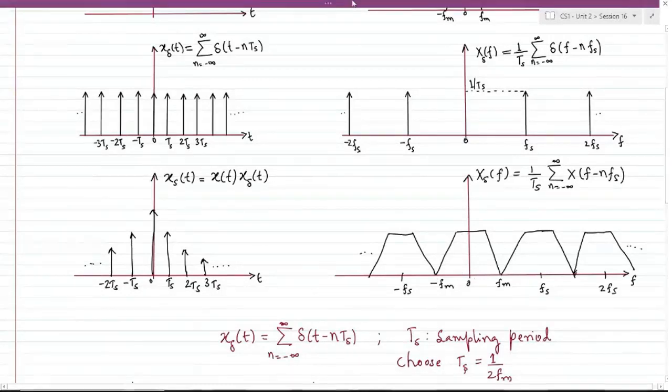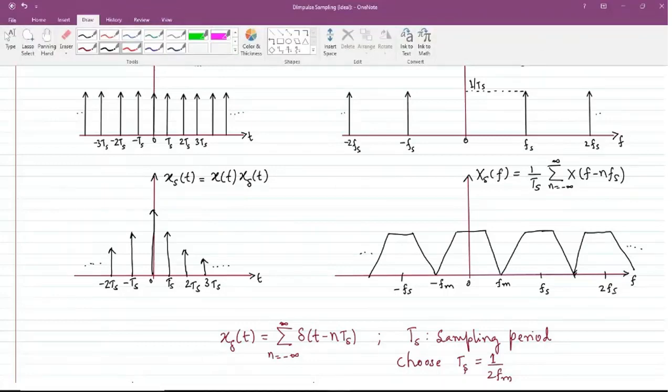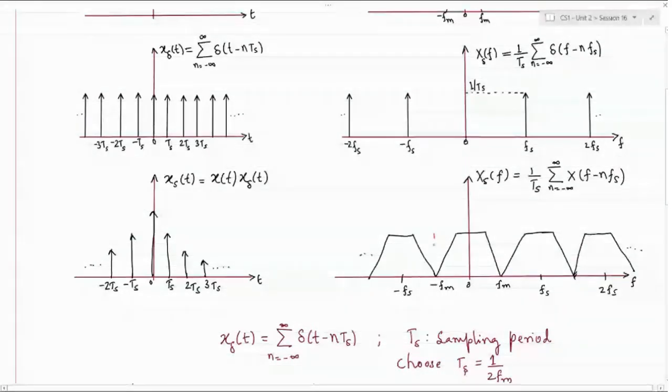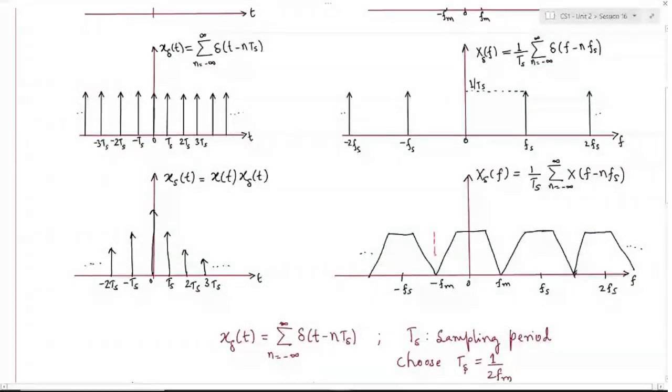Now if I can apply a filter, say I need not have the same amplitude, I'll take an amplitude of this nature.